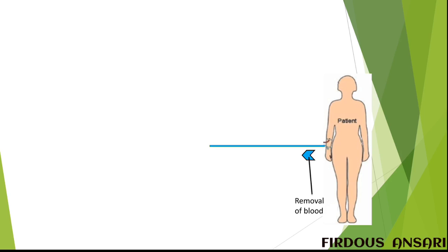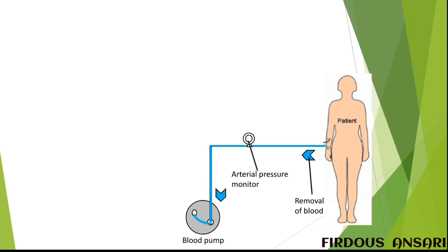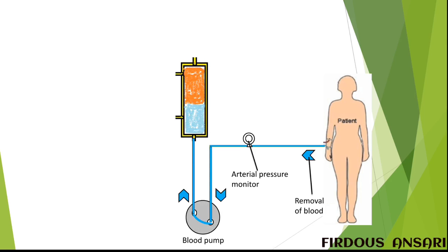So we are removing the blood and moving it outside the body. Next, we need to maintain a pressure, so we have an arterial pressure monitor over here. Next, this is a blood pump, and this blood is pumped into a dialyzer, a dialysis machine. Here also we need to maintain a pressure. An inflow pressure monitor is there.